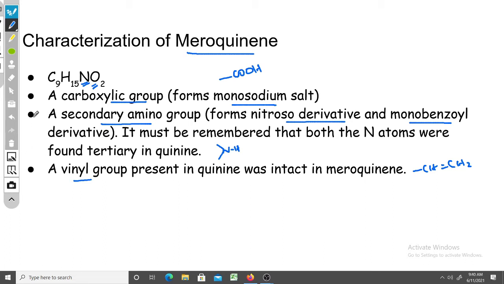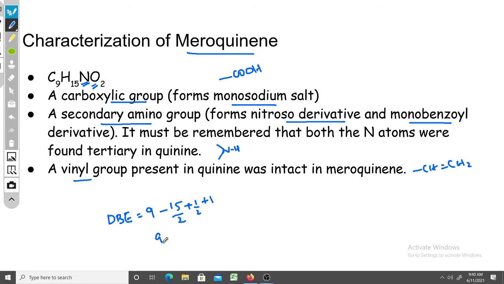Before that, we have to know the double bond equivalent of this meroquinine. That is, here double bond equivalent is equal to A minus B by 2 plus C by 2 plus 1.